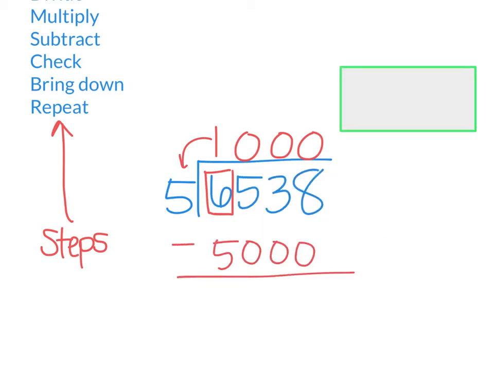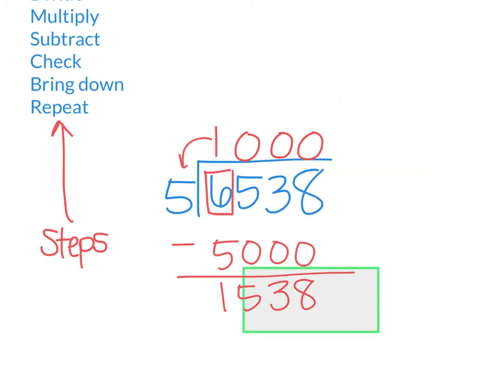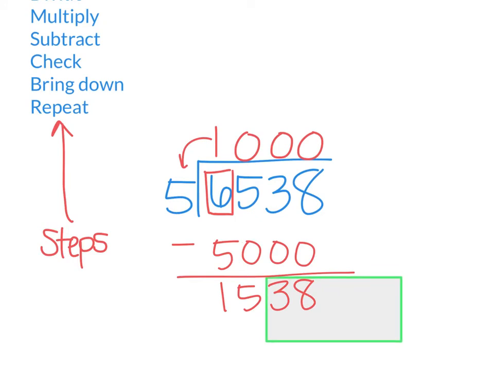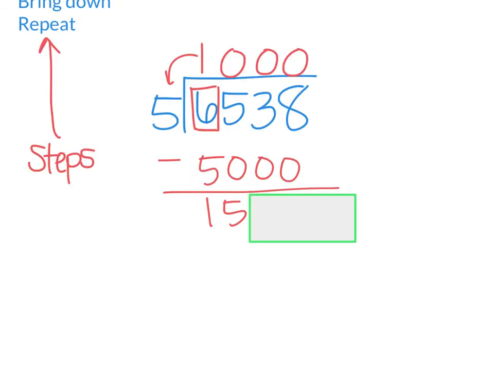When I subtract from 6,538, I get 1,538. So then I'm going to bring this down again, and I'm going to cover up the 38, and I'm going to think 5 into 15.